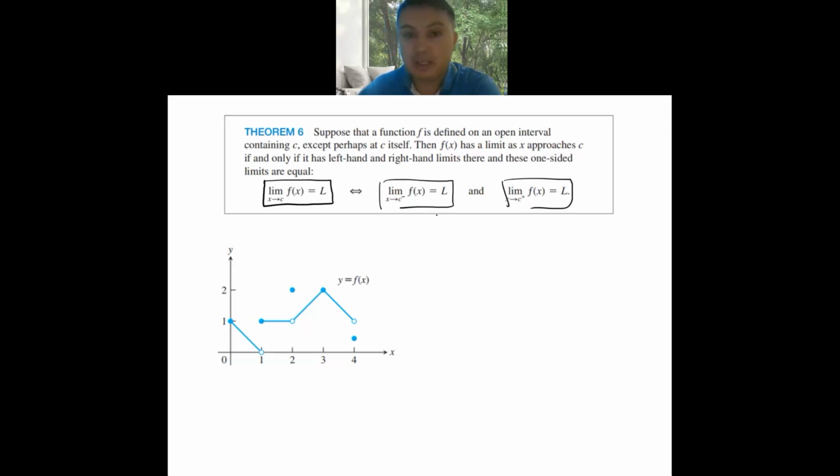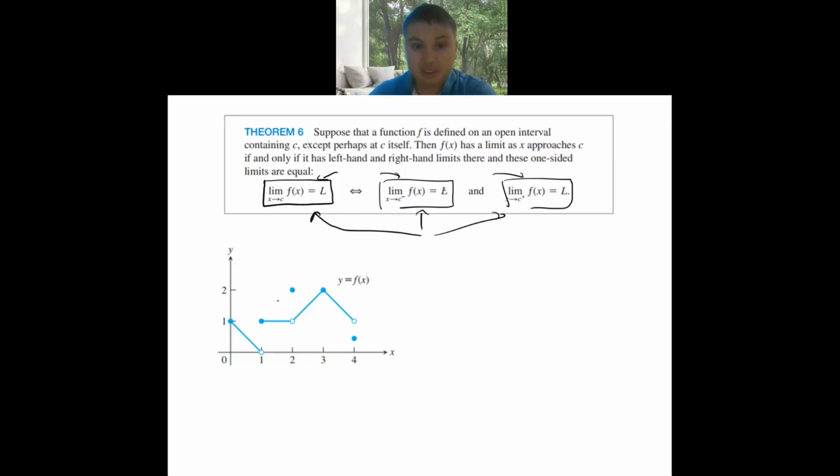What it means is the following. If these two exist and are equal to, say, L, then this original limit exists, and vice versa. What is vice versa? If this limit exists, then we automatically know that the left limit and the right limit both exist and are equal to L, the same L.